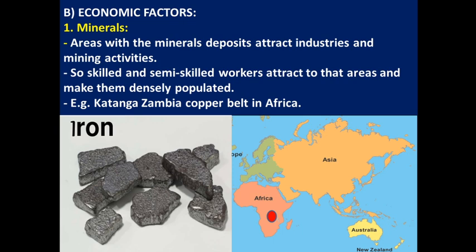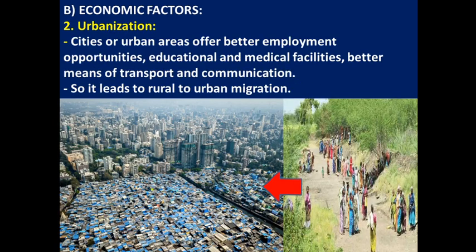People come, skilled and semi-skilled people are attracted to that region, and this region becomes a highly densely populated region in Africa. So from the economic factors, this is the first reason that leads to uneven distribution of population.